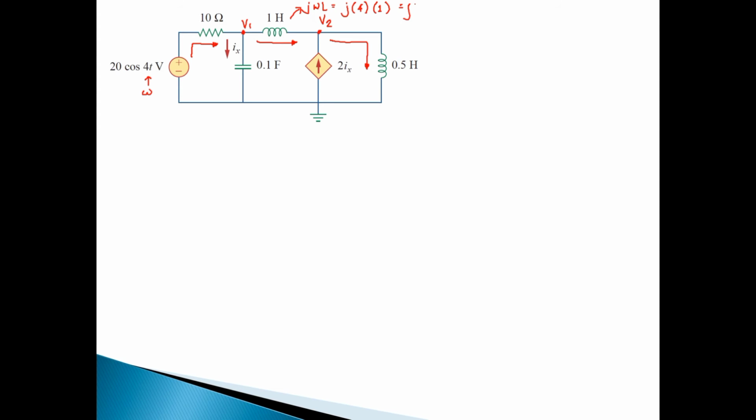So we have j4 ohms. Then for the 0.5 henry, we have j times 4 times 0.5, equal to j2 ohms.